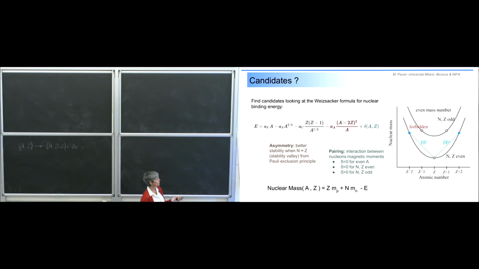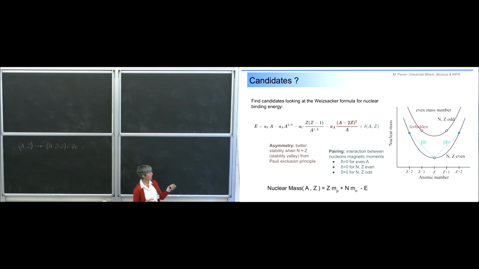And so the solution is quite simple. I can write the formula for the binding energy as suggested by one of your colleagues. And if I look at this, this is what is called the Weizsäcker formula.